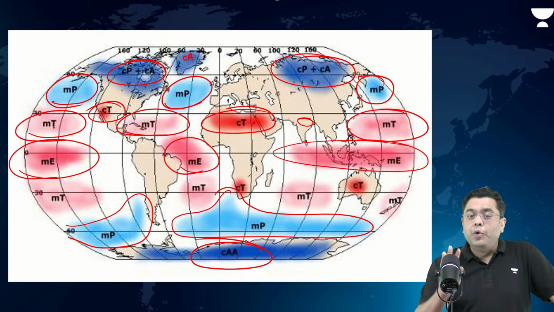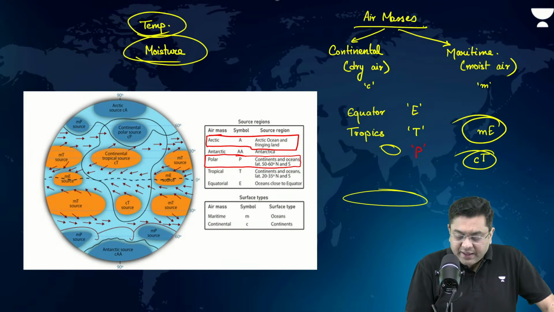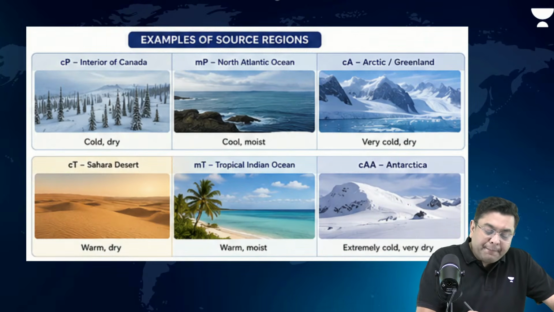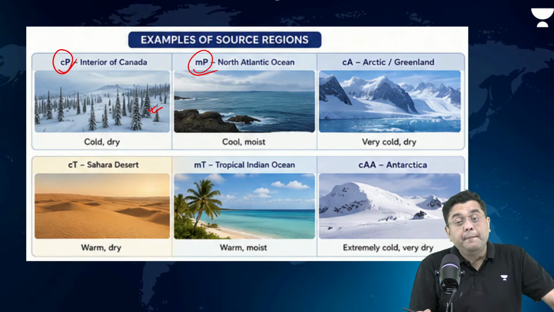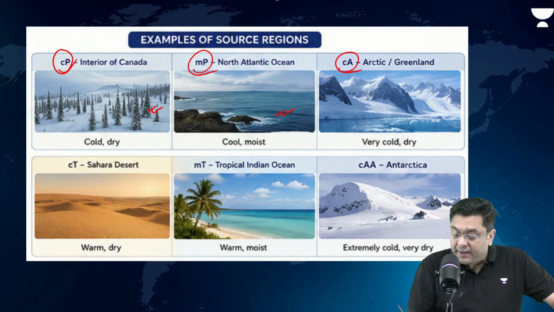Yes, Satyam. Polar is 50° to 60° latitude. That is polar. So continental polar, for example, interior of Canada, cold and dry. Maritime polar, North Atlantic Ocean, cool but moist. Continental Arctic, the region of Greenland, very cold, dry.